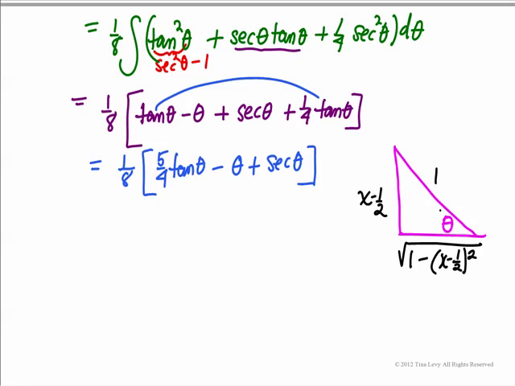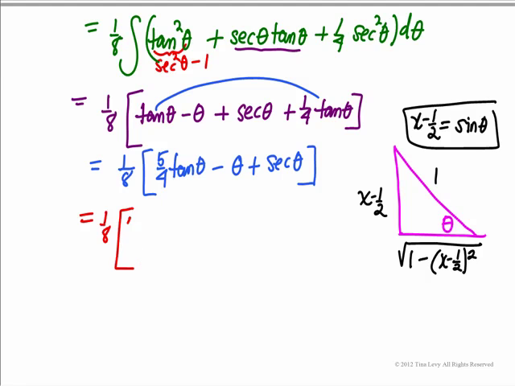And of course we know this triangle came from the fact that x minus a half was sine of theta. That was the original that gave us the triangle. I'm ready to almost complete this, so I have 1/8. I have 5/4. Tangent is opposite, x minus a half, over adjacent, which is square root of 1 minus x minus a half squared.